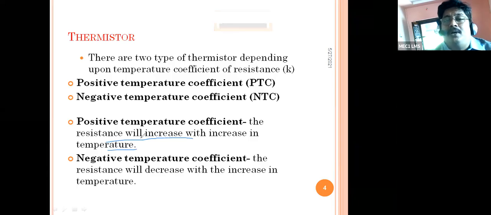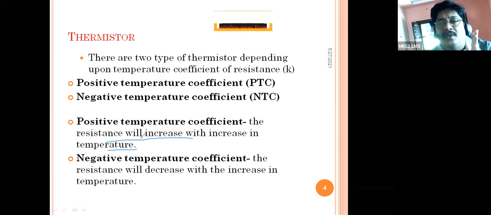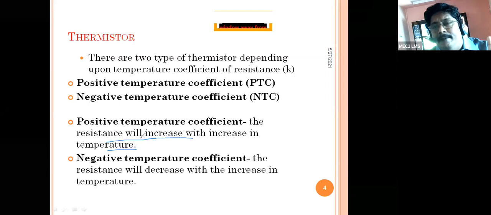That means in the positive temperature coefficient, it is proportional. When the temperature increases, automatically the resistance value increases.